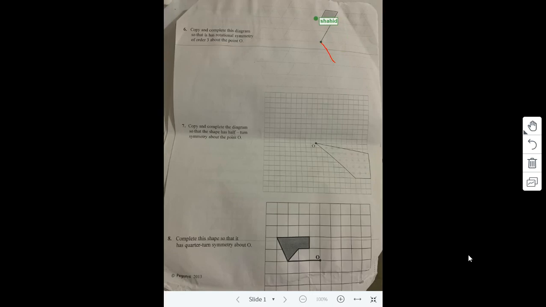Basically you have to find the exact triangles of this and turn it around. Yes. So this one is going like this, and this way.